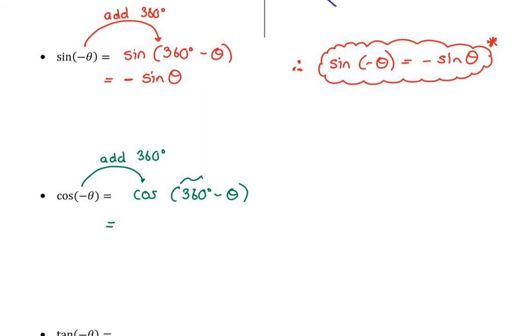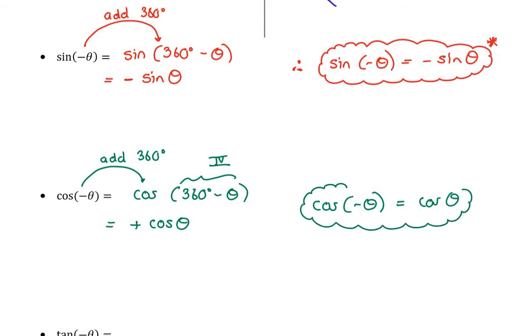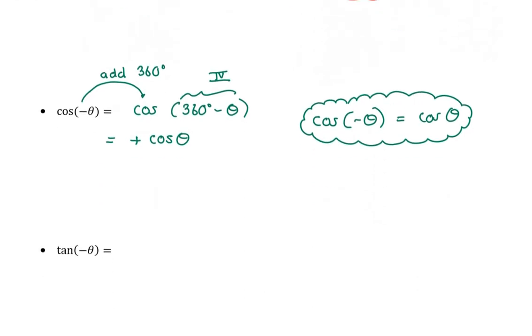Now 360 degrees minus theta, as we can see in the picture, is quadrant 4, and cos is positive in quadrant 4. So this reduces down to just cos theta. So again, something that I just remember, but it comes from the plus 360 and the whole reduction. If I want to skip steps, I remember that cos of a negative angle is the same as cos of that angle. So basically the negative sign means nothing when it comes to cos.